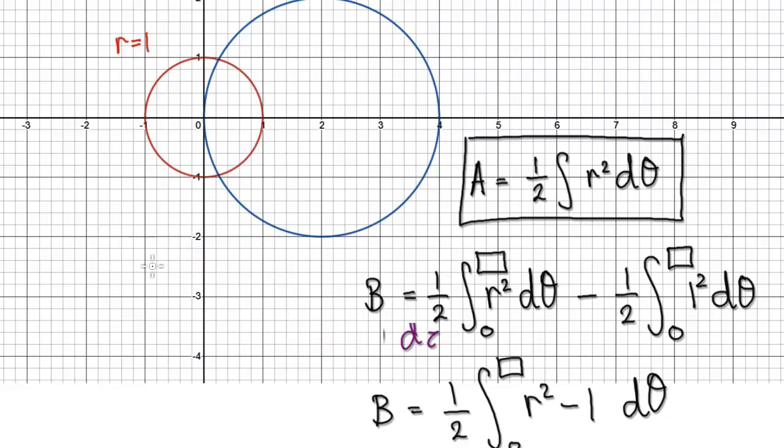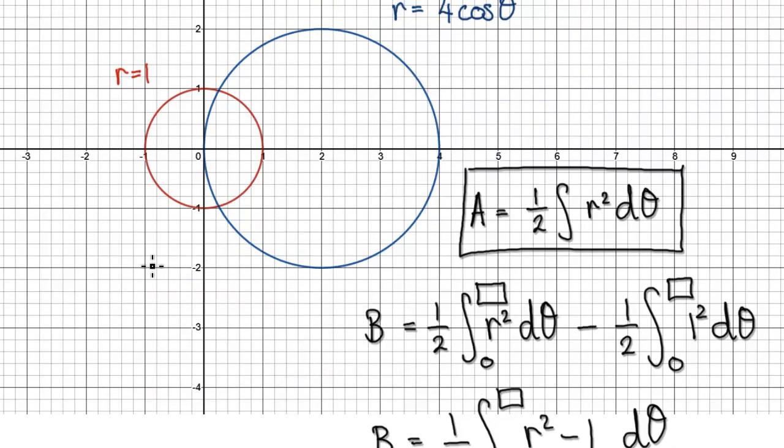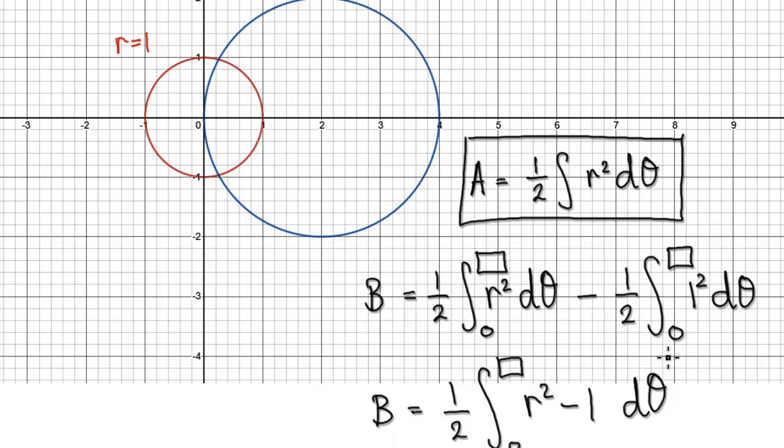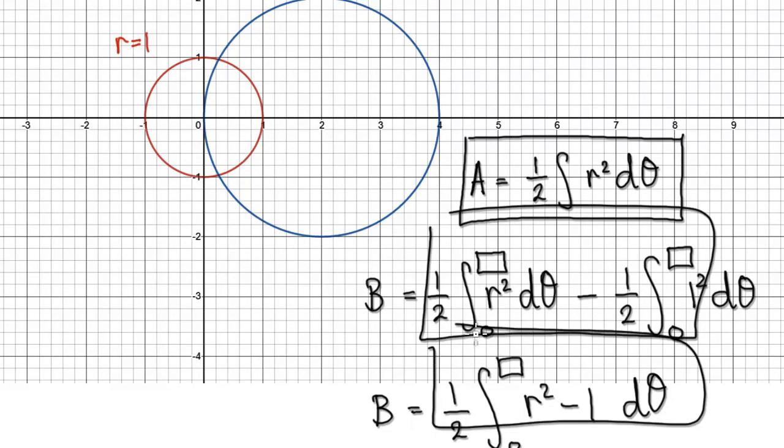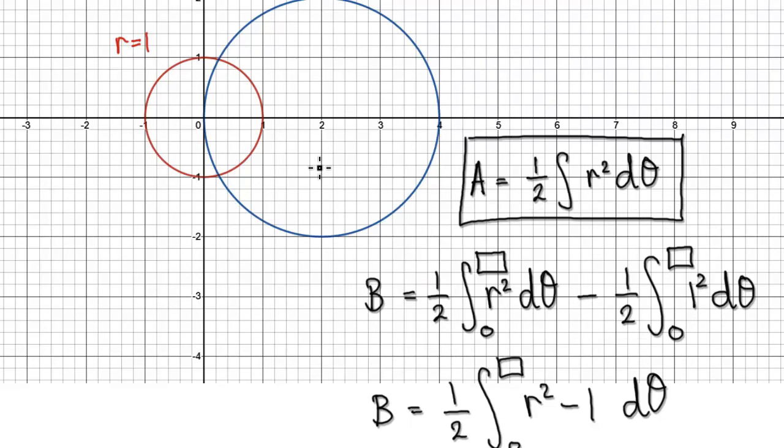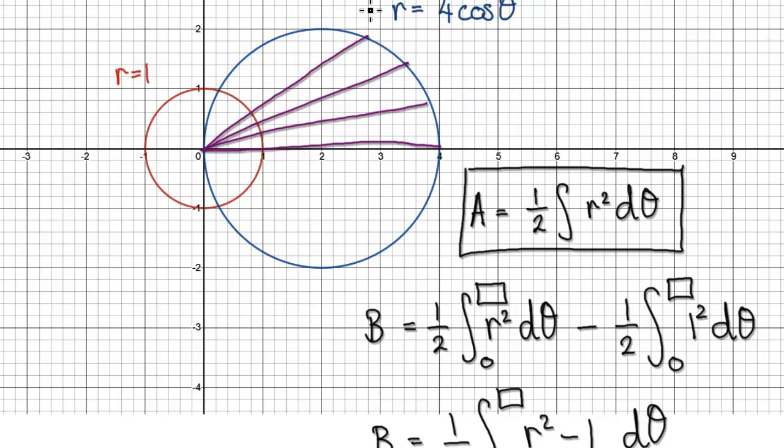Well, the same thing works in polar form. So what I'm saying here is, instead of you doing this, you can do this. So let me just explain this part here. The way polar form works is that you're summing up all the sectors. So the way integration works in polar form is this.